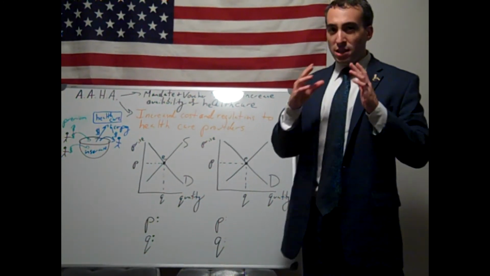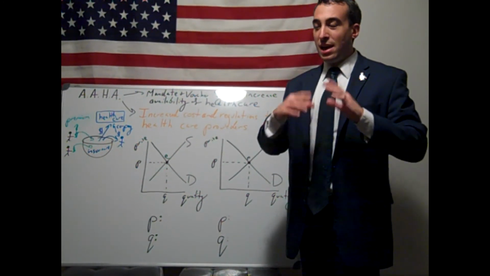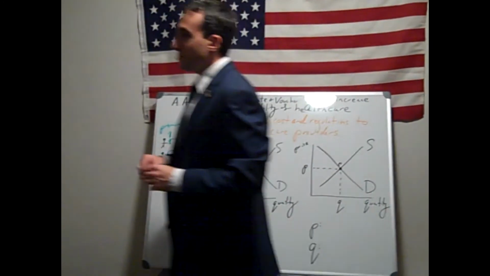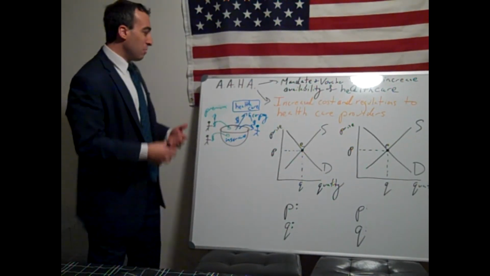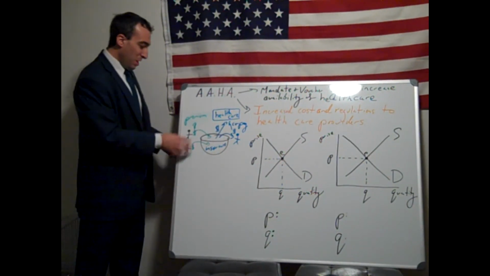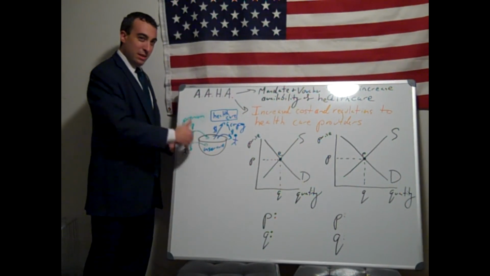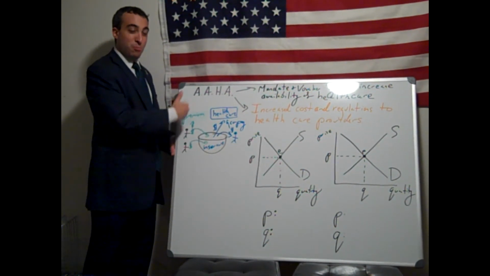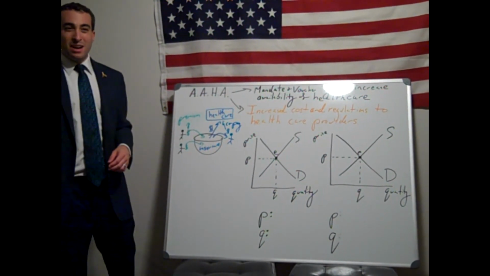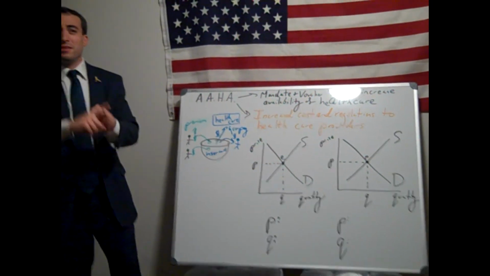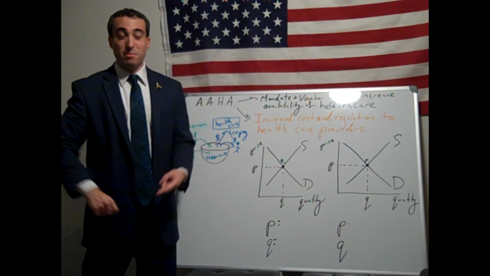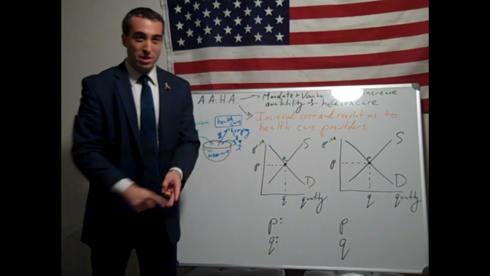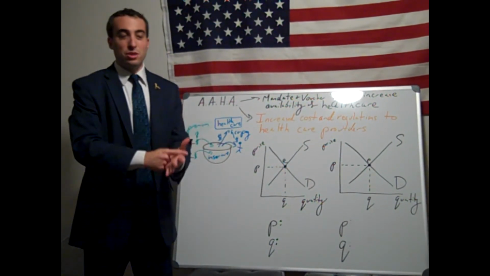But first, just a little quick thing about healthcare and insurance. What people do is people put money into the pot called a premium. This is for any kind of insurance. It could be for health insurance, it could be for car insurance, it could be for life insurance, for home insurance, for renter's insurance.